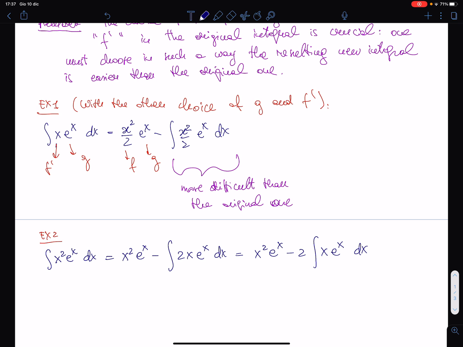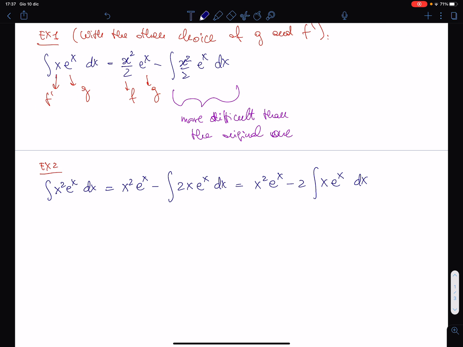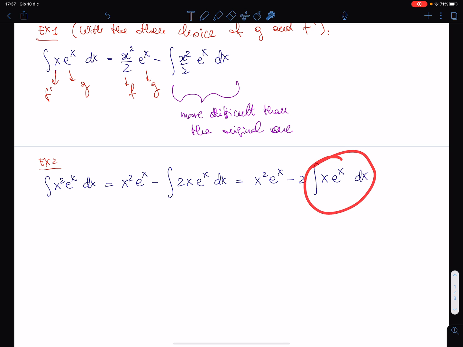Now you apply exactly the same strategy as before, so proceed with another integration by parts. We get x squared e to the x minus 2x e to the x, and then plus 2 this time, because the minus in the formula is multiplied by another minus 1 in front of the integral, and here you have e to the x dx.